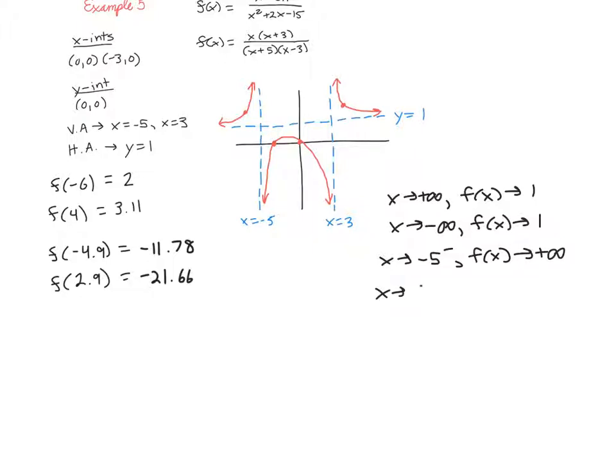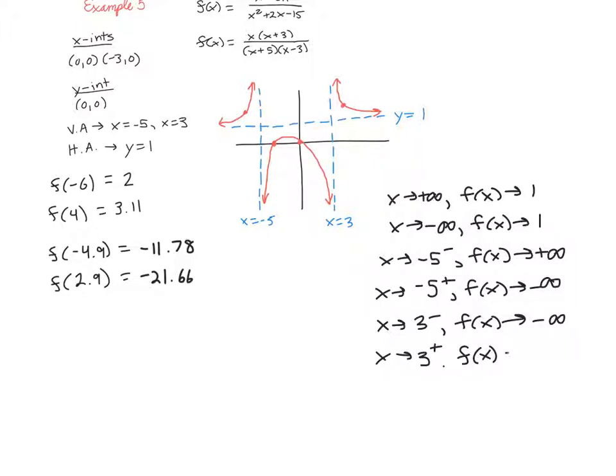As x approaches negative 5 from the right, f of x approaches negative infinity, so our graph is going down. As x approaches 3 from the left, our graph goes down, so f of x approaches negative infinity. And as x approaches 3 from the right, f of x approaches positive infinity.